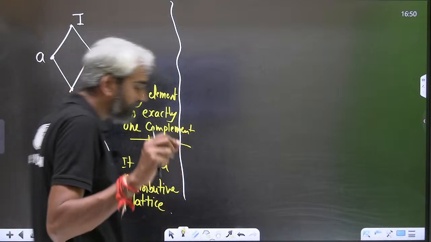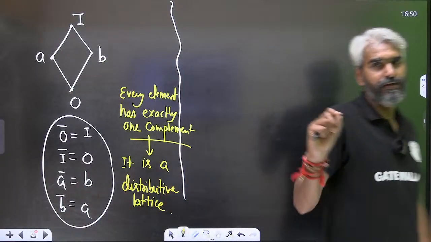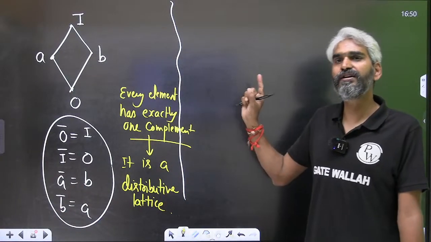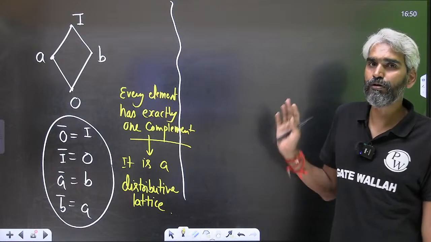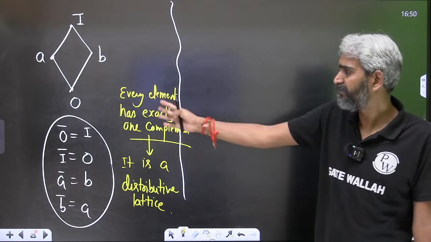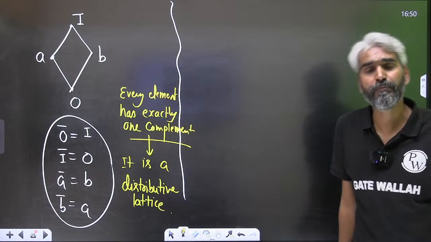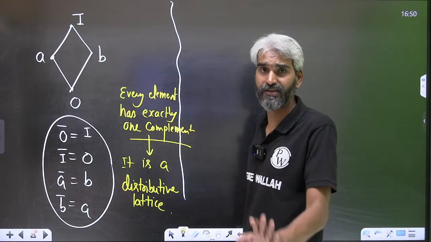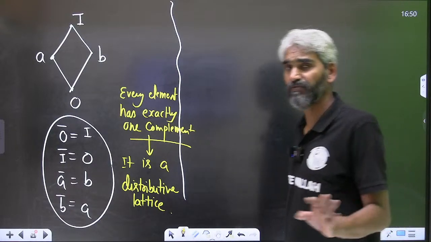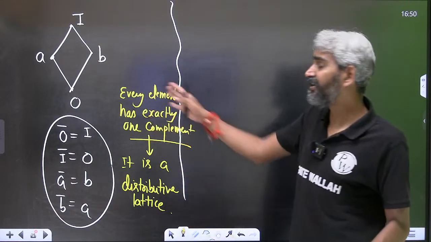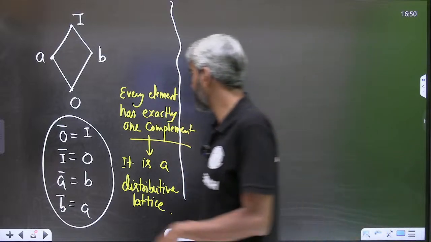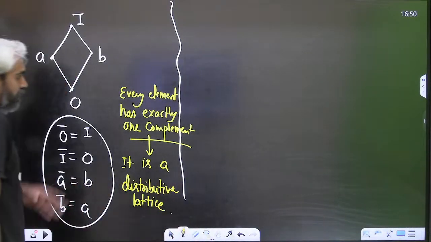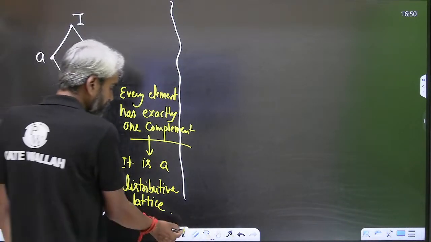There is a specific situation in which the if and only if condition will not be satisfied. Therefore, we do not say that it is a necessary condition. But if every element has exactly one complement, it will be sufficient for it to be distributive. More precisely, it is complemented as well as distributive. So every element has exactly one complement.